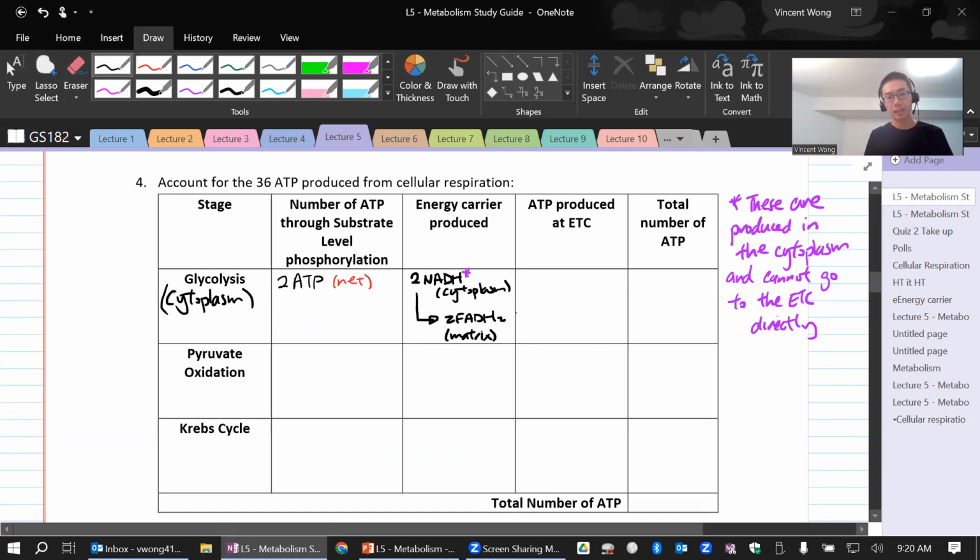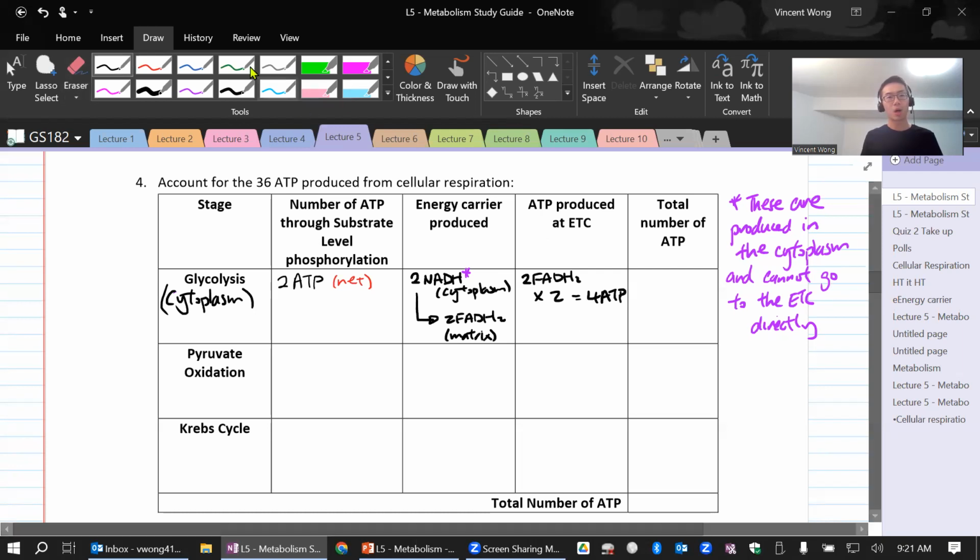And then this would be used to pump H plus and create ATP. So how many ATPs are produced? Well, 2 FADH2 multiplied by 2 equals 4 ATP. Okay.